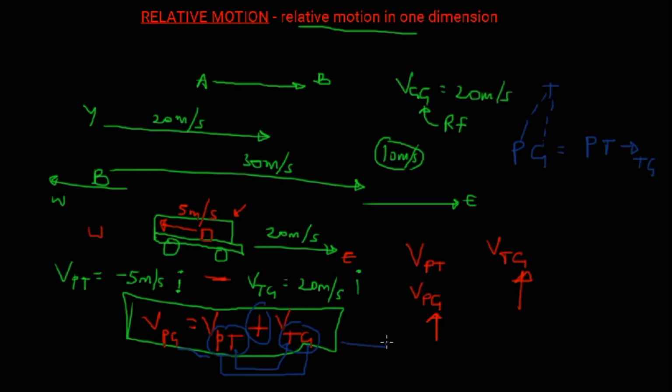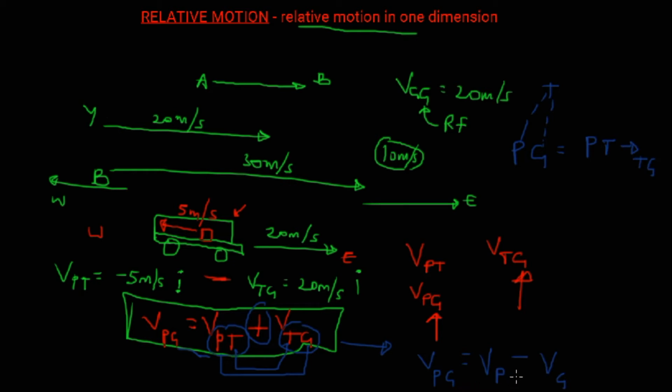This formula can also be written as VPG equals the relative velocity of the person relative to the train, VPT, minus the relative velocity of the ground.